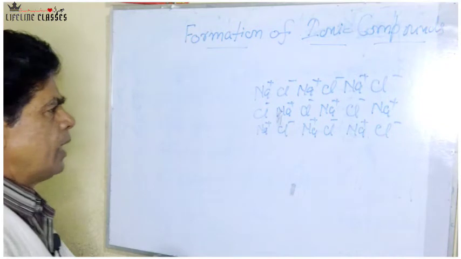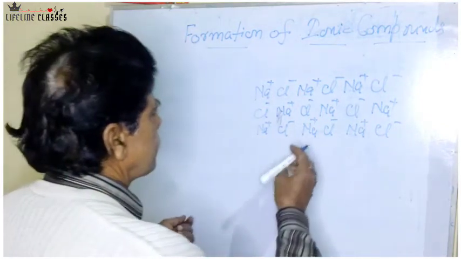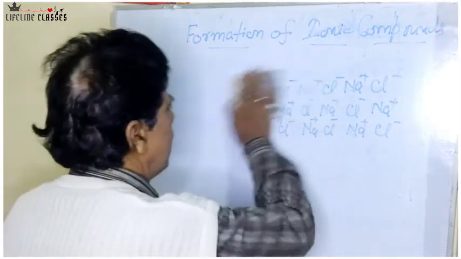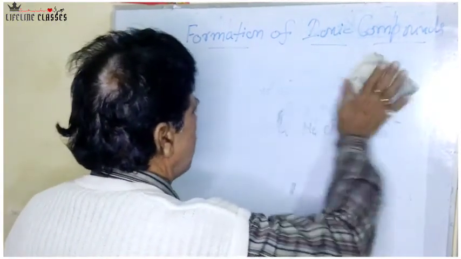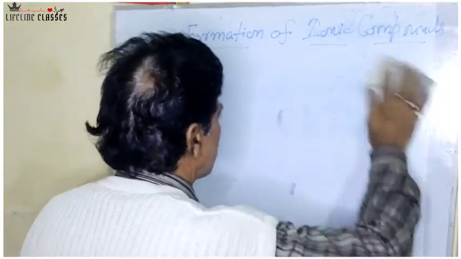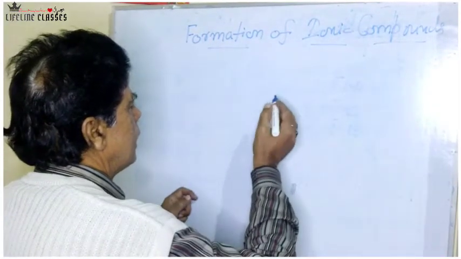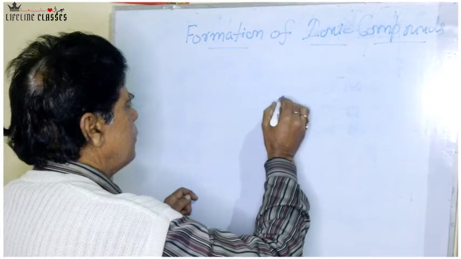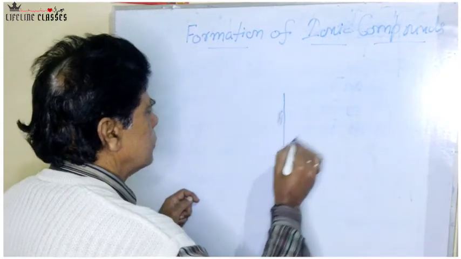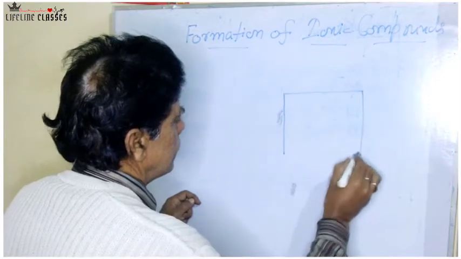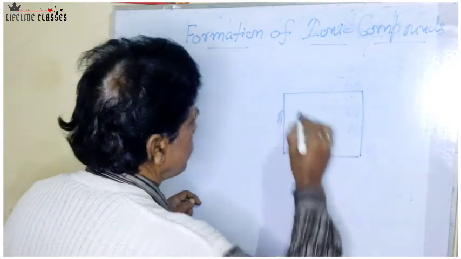Now you will find here that if we arrange these ions, you will have a crystalline structure forming a simple crystal unit lattice. That is, what will be the structure of this sodium cubic crystal?